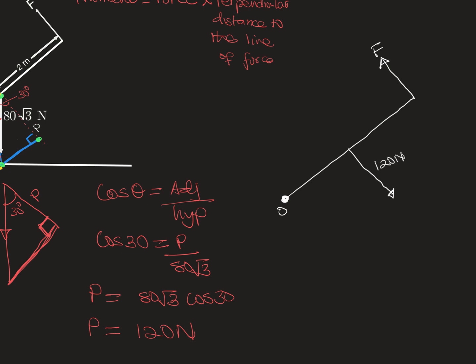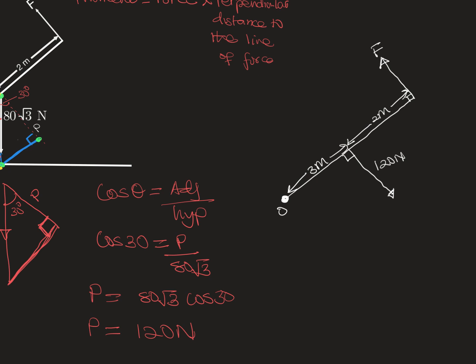The distance here is 3 meters, and the distance from here is 2 meters. So now all the forces are perpendicular to their respective distances from the reference point. This is what we can use to find the magnitude of the force F.